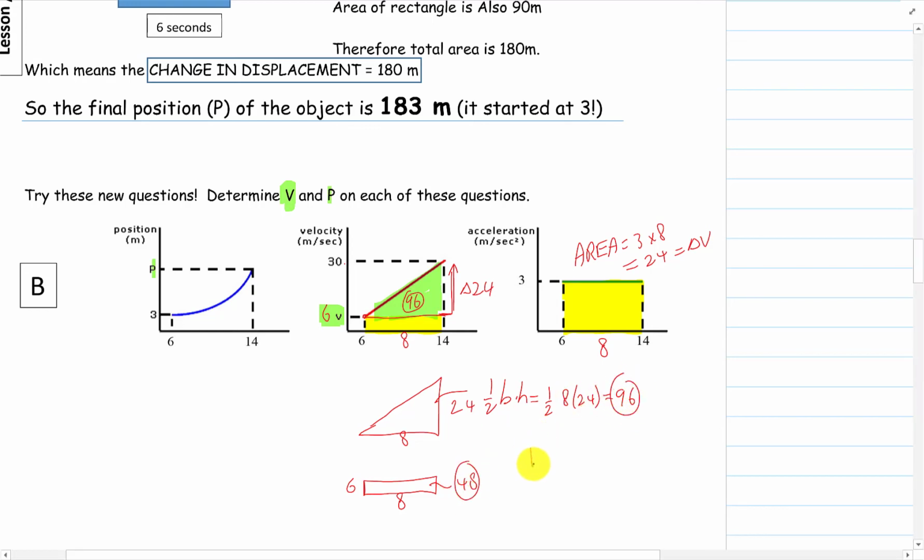Together, the total area is 96 plus 48, which equals 144, and that's the change in displacement. So that means this displacement over here went up 144. So this position is 147, and that's the other answer.